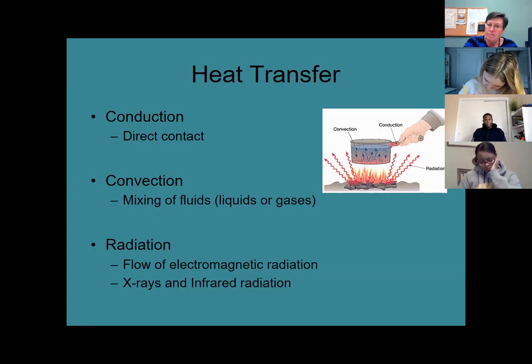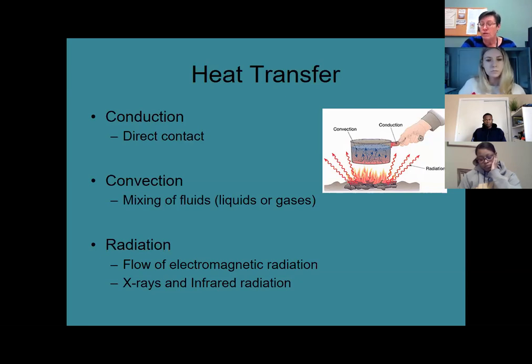Now, a second method of heat loss is by convection. Convection involves a mixing of fluids, and fluids are either liquids or gases. If you think about a pan, the hot fluids are at the bottom of the pan because they're closest to the heat source.